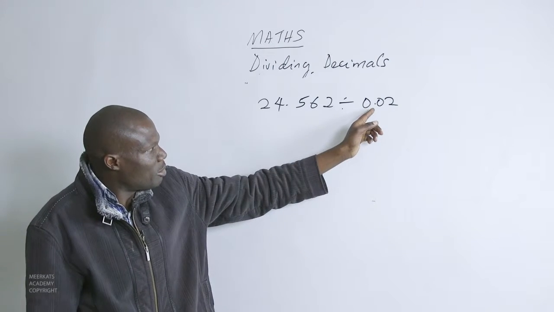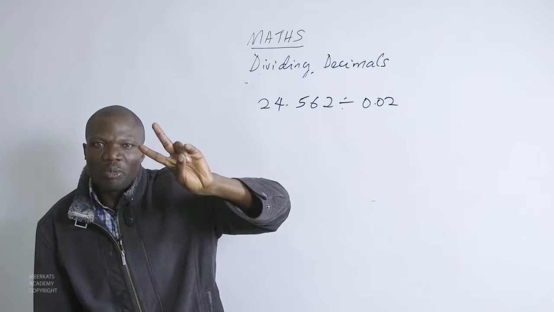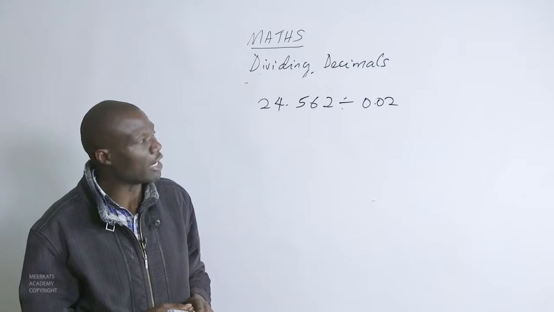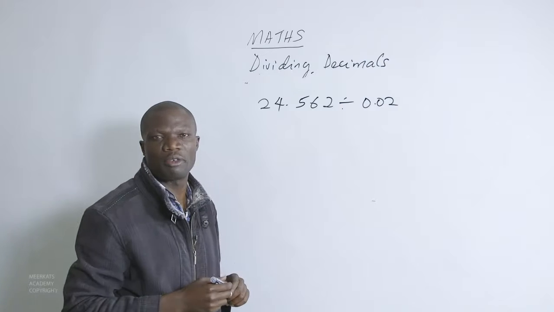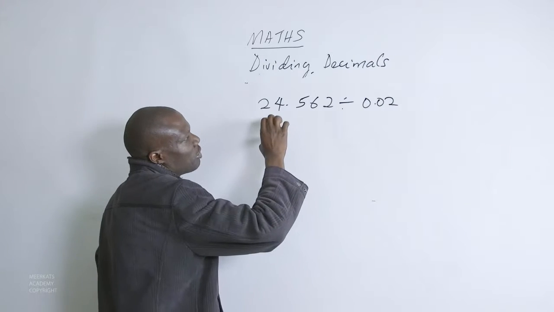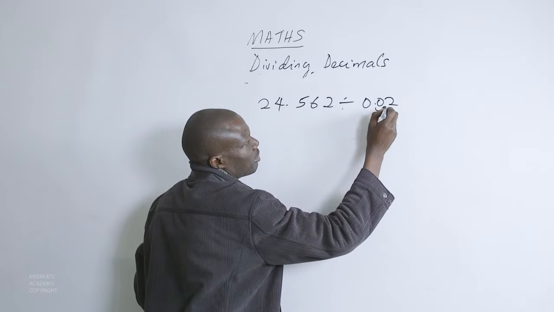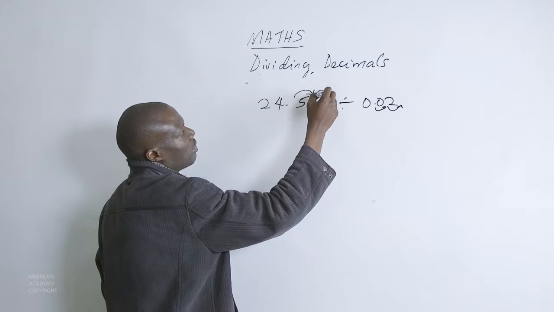You realize that the decimal places are 2. We need to move to the right 2 places, which means we are multiplying by 100. As we move 2 places for the divisor, we also move 2 places for the dividend.